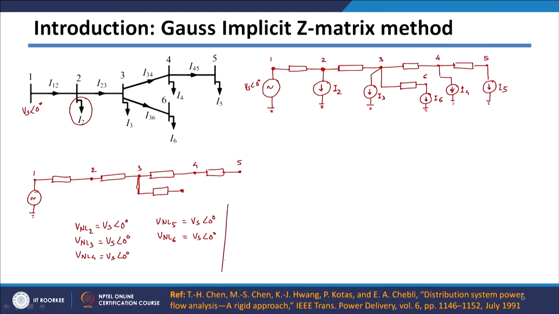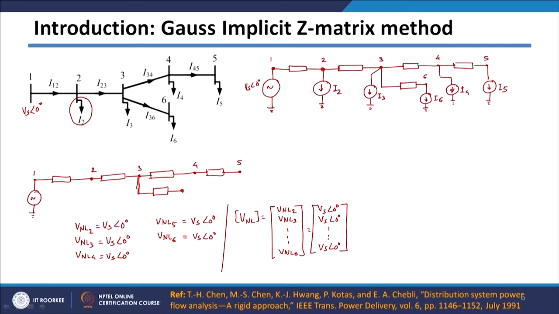Equivalently, I can say the VNL matrix, which forms VNL2, VNL3 up to VNL6, is basically Vs angle 0 degree, Vs angle 0 degree, and all the entries are Vs angle 0 degree.